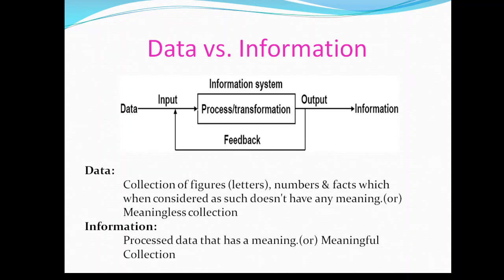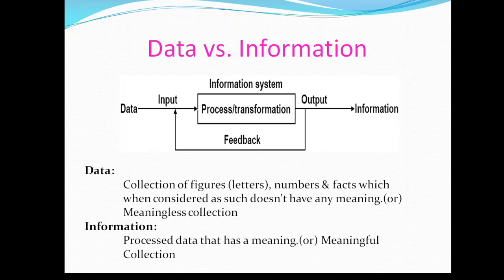After that, it is given out as an output, and we call that output information. Sometimes this information is given back as an input to the information system, and hence we term it feedback. So this is the relation that exists between data and information.